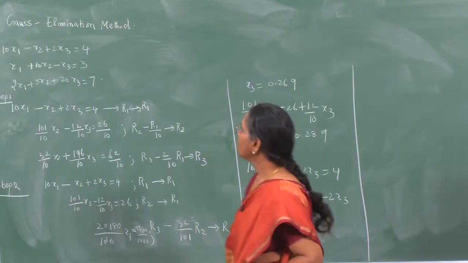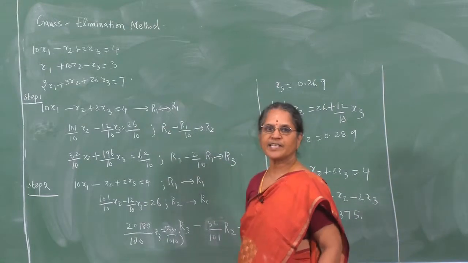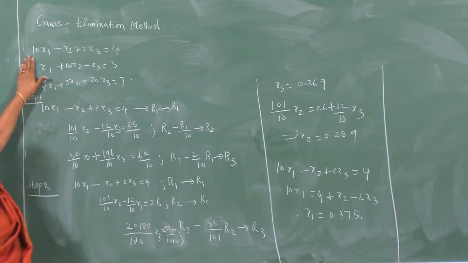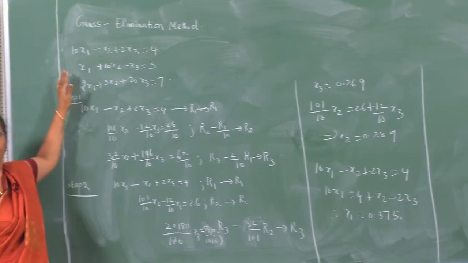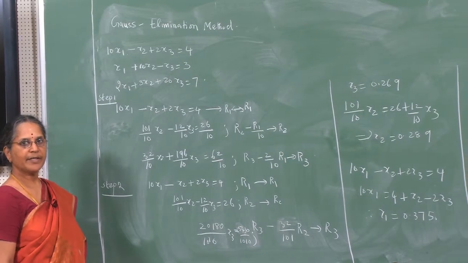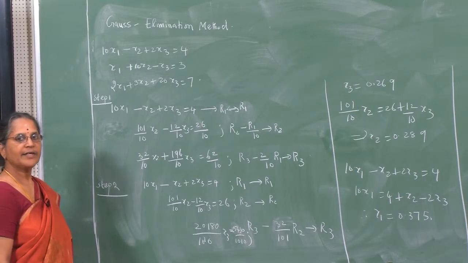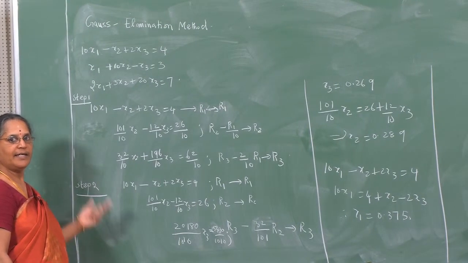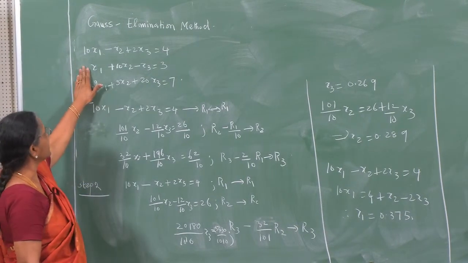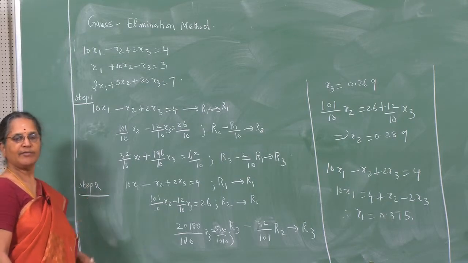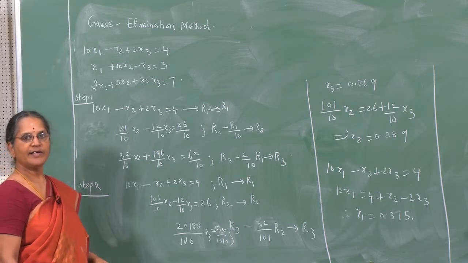Let us consider the system of equations given by this, and let us try to solve this system by the Gauss elimination method. And we know that this method involves two steps, namely reduce the coefficient matrix A to an upper triangular matrix, and then use backward substitution and solve for the unknown vector.